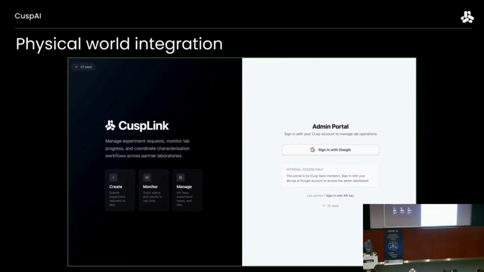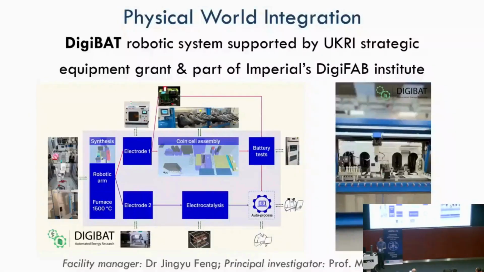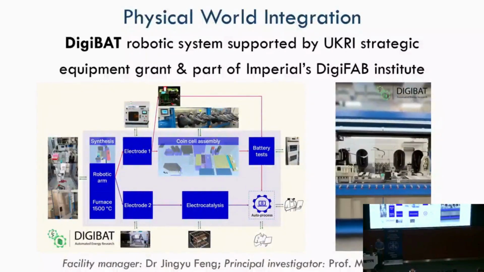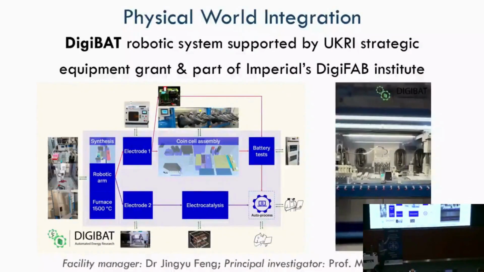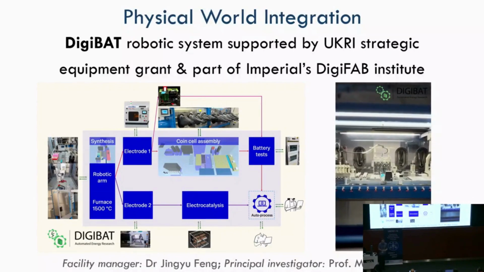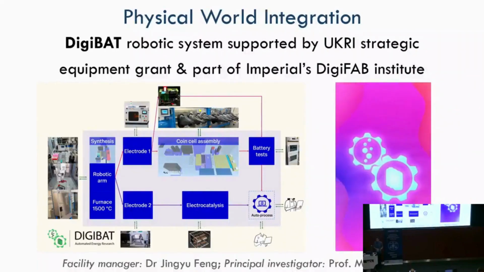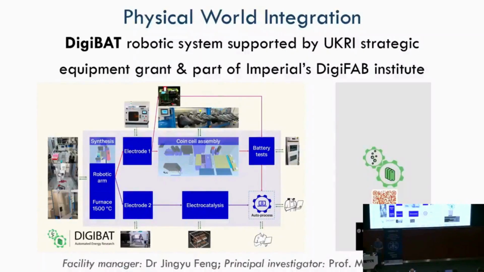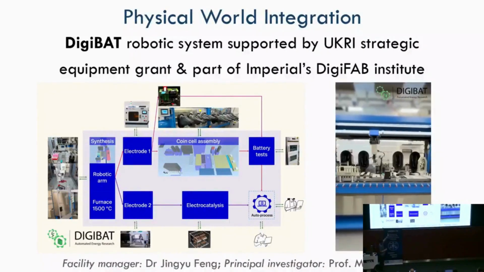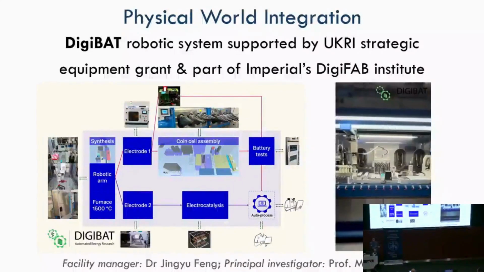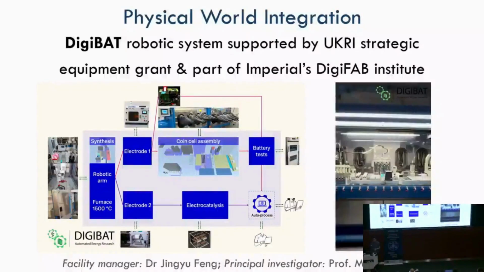But I would say the most recent work is building out our interfaces with experimental labs, and we're calling this CuspLink. Just to give you an idea of the complexity you face when you're dealing with experimental materials science, this is an image of an automated lab at Imperial, one I'm part of called Digibat, led by Magda Titirici, and Jingyu is the technical lead. You have a whole series of steps that you need to automate, and you have different types of data coming back very quickly.